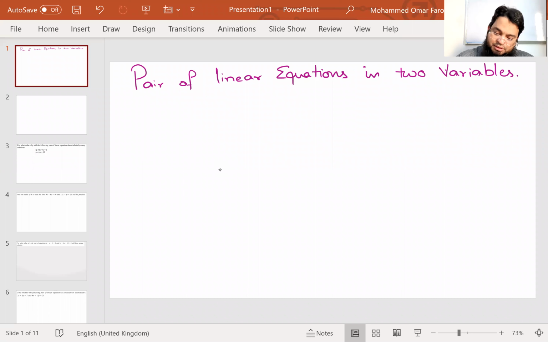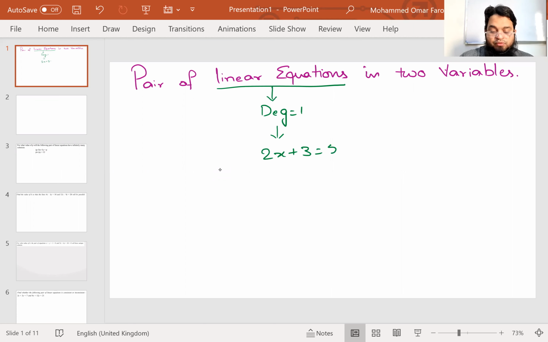Let me share. Yes. So now in a pair of linear equations, as you know, what are linear equations? Equations having degree 1 are called linear equations. For example, 2x plus 3 equal to 5. It's an example of a linear equation in one variable, because here we have only one variable.